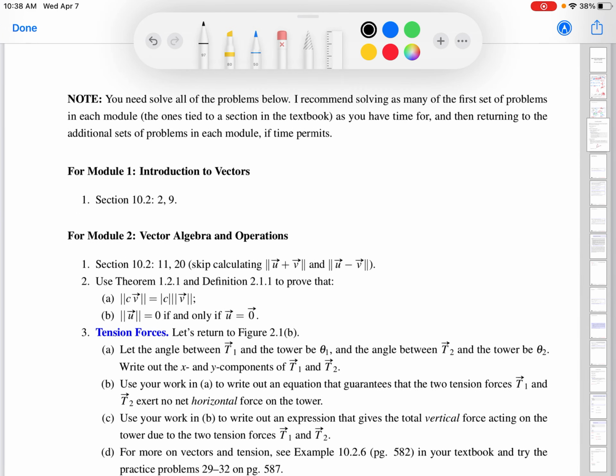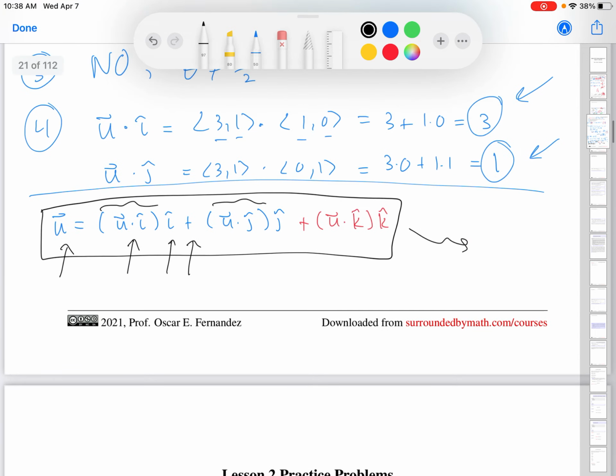I don't normally preview the practice problems, but because of the tie-in with this, I do want to talk about one thing. The dot product, because it's related to angles between vectors, is also related to something called projection.